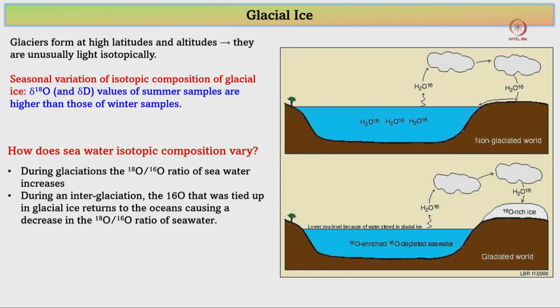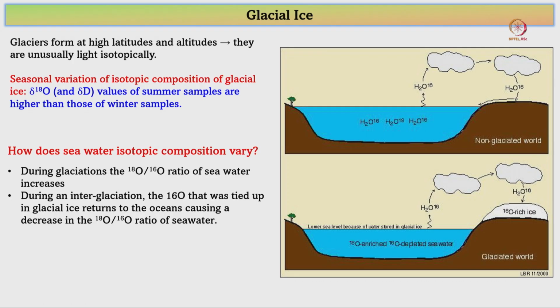Now, let us see why some glacial ice compositions look the way that they do. Now, what application that we understand of stable water isotopes in the glaciology field. Now, glaciers, they are being formed at very high latitudes, very high altitudes. So, therefore, naturally we expect that they are going to be isotopically very light, right.